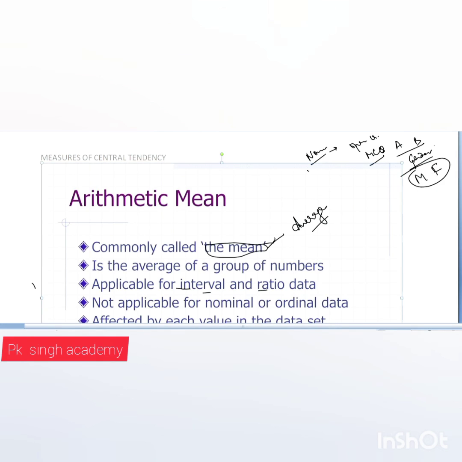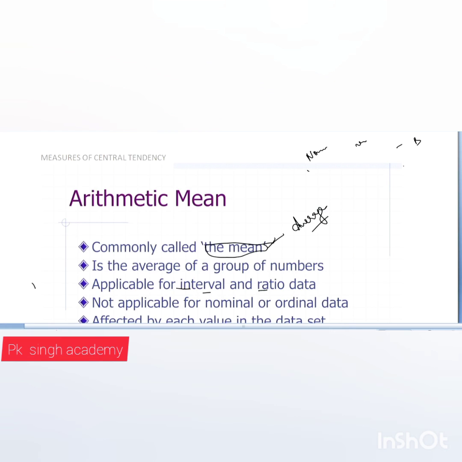What is ordinal scale? When we order a pizza, we have to give a review. The review asks: are you fully satisfied, unsatisfied, or neutral? These are ordinal scales.